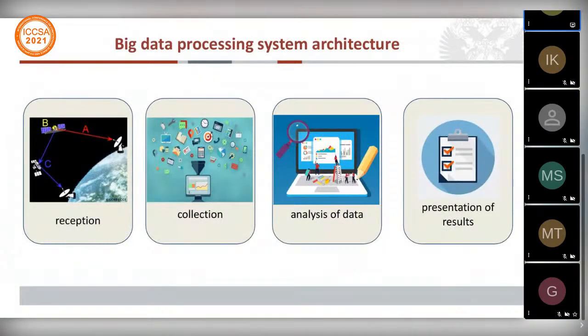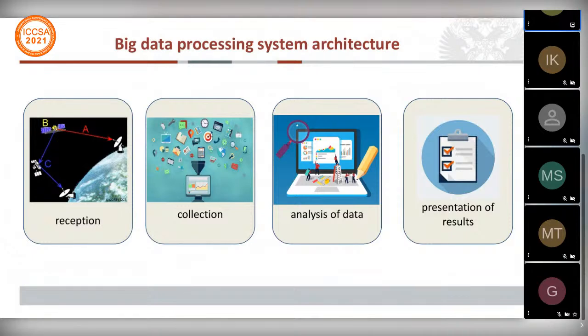The architecture of a big data processing system is a complex system in which several component levels can be distinguished. This division is largely arbitrary. On one hand, each component can be divided into sub-components, and on the other hand, some functional components can be redistributed depending on the task being solved and the software being used.